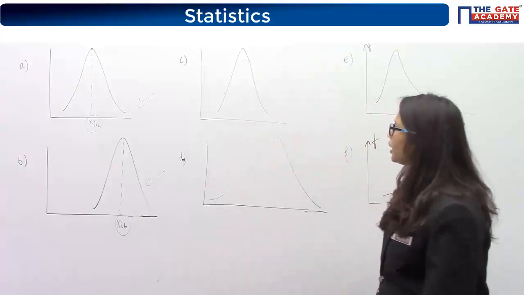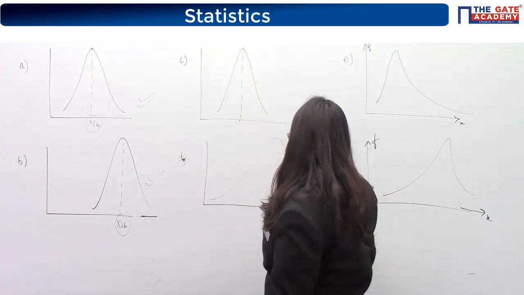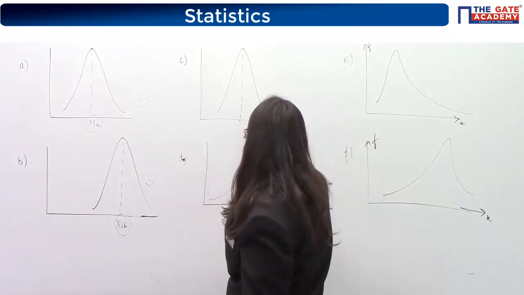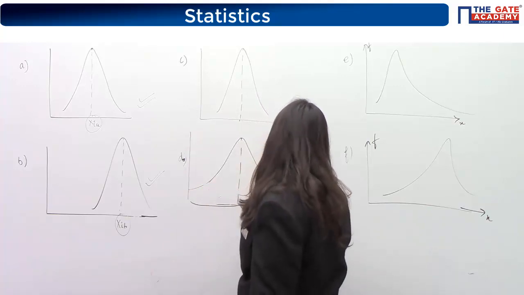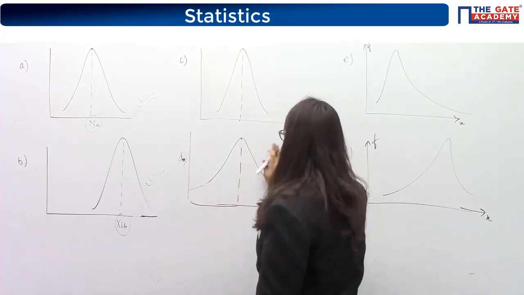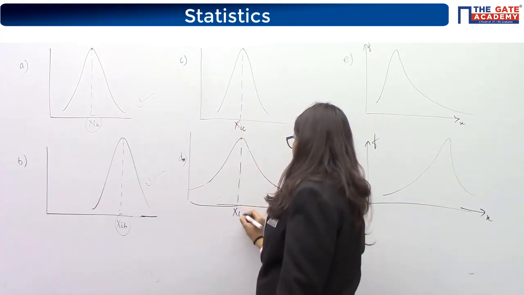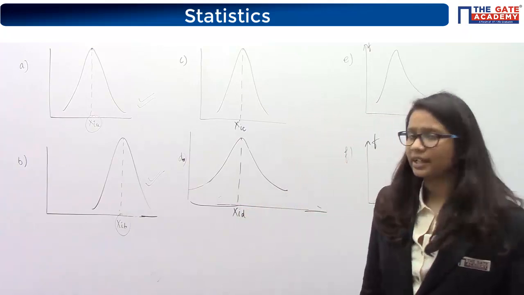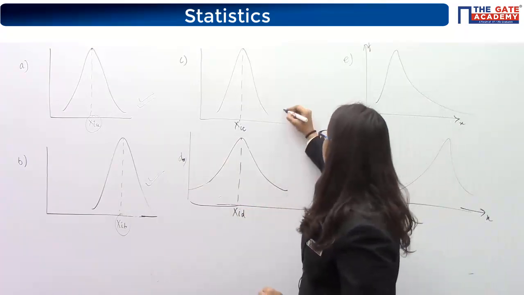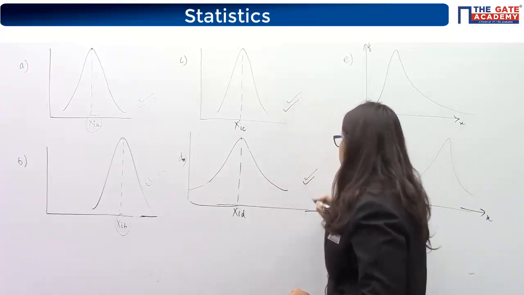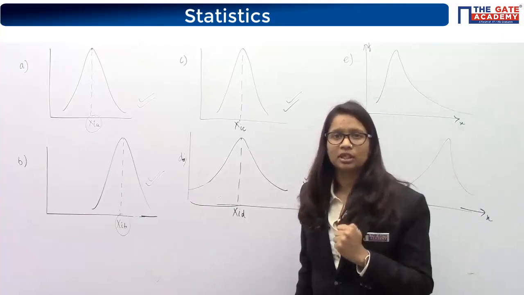Now again let's have a look over here. In the graphs C and D, xiC and xiD, the measures of central tendency for these two graphs are approximately the same, but still there is a difference between these two graphs.